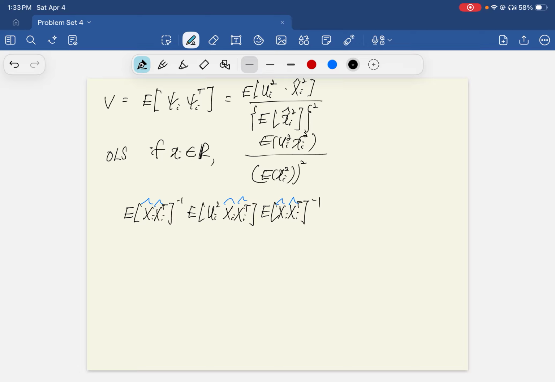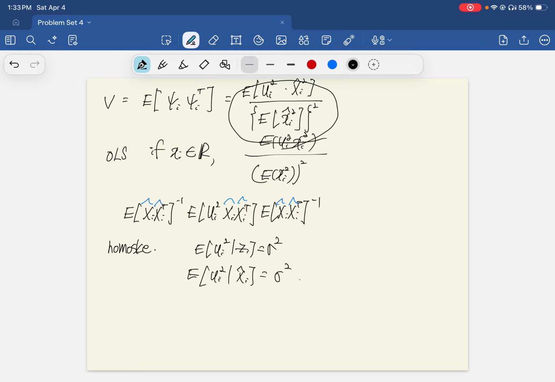How can we calculate that? Okay, anyhow, this is what we get. So we need to ask, just one more thing. Homoscedasticity. If you assume homoscedasticity, then expectation of ui squared given zi will be sigma squared. So expectation of ui squared given x hat will be sigma squared.